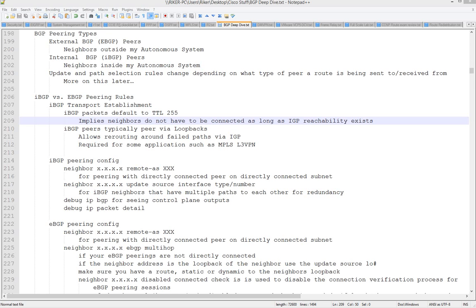But because BGP is a TCP application, there really is no such thing as reconvergence in iBGP. As long as the IGP has a route to the loopback, and typically there's going to be a dual path to get there, you won't have to worry about reconverging, because that's where traffic is going to be coming from anyway.